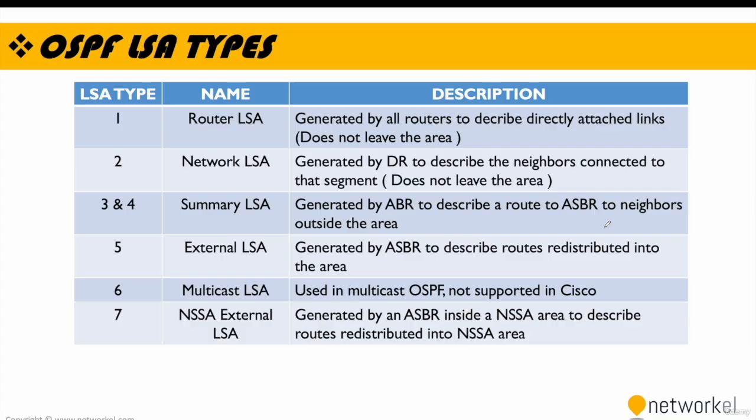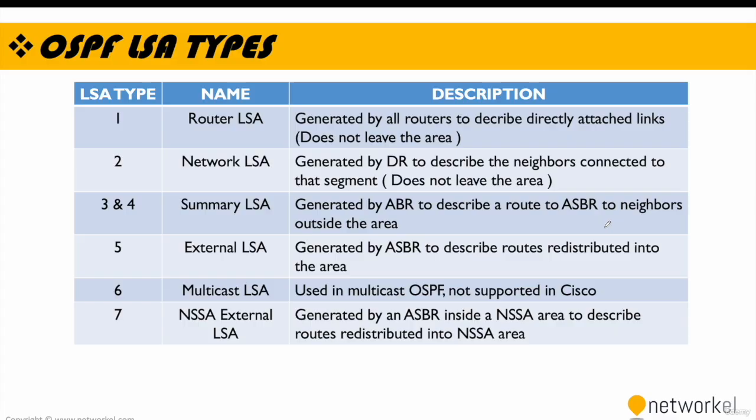So as I showed you in the previous slide, the ASBR router is connected to the internet or any other routing domain such as EIGRP, RIP, etc. So these routes will be sent to this ASBR, and the ASBR will share them within the area that it is connected to, right? So how is it doing it? It is doing it with the help of the external LSA, which is LSA 5. We have the multicast LSA, that is LSA number 6.